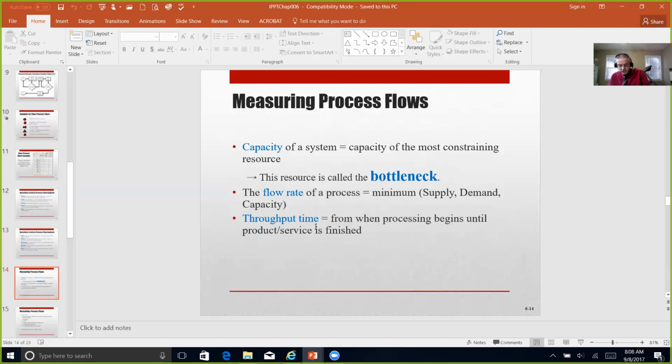And that goes on further to say that the capacity of the entire process cannot be larger than the capacity of the most constraining, or smallest capacity, resource, which is given the term bottleneck. So in our example, I could have 1,000 workers, but only 10 workers based on my X-ray machines and what they're doing.